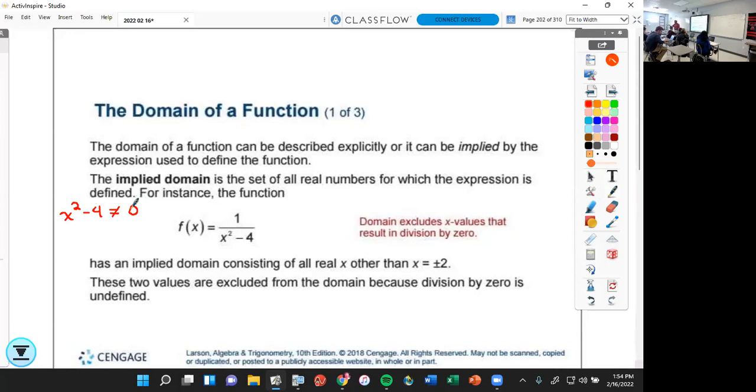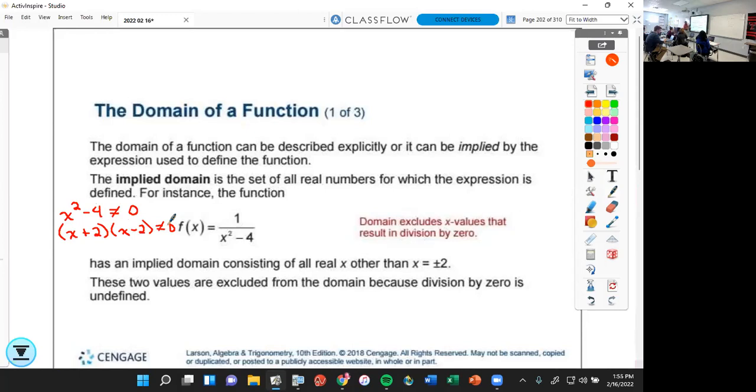Now, we're going to work this like it says equals 0, okay? Can you factor x squared minus 4? Difference of 2 squares, it factors into x plus 2 times x minus 2.